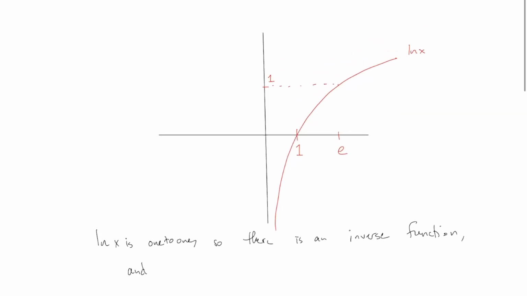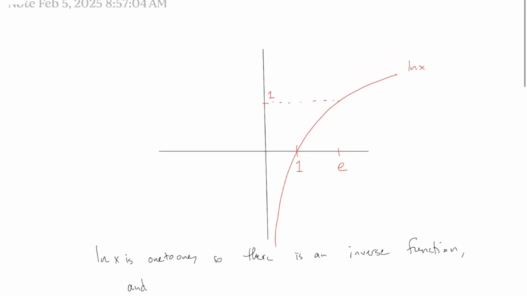And what does the graph of the inverse function look like? Remember, the graph of the inverse function always looks like a mirror image around the line y equals x. So the graph of the inverse function looks like this, and it goes through 1, because it has to line up with the other one. Everything has to be mirror imaged like that.